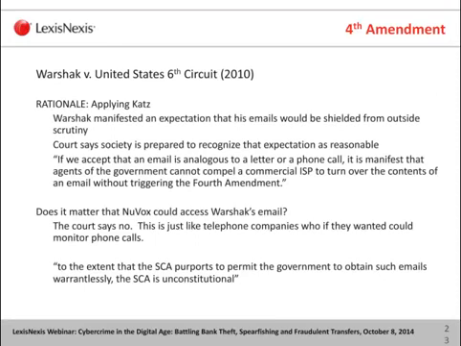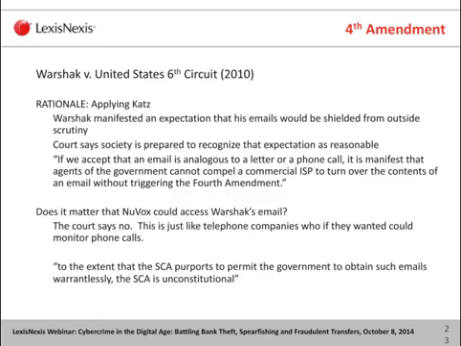However, the takeaway here, at least for those in the Sixth Circuit, Michigan, Ohio, Kentucky, and maybe Tennessee, I'm not sure, is that you need a warrant to access someone's email, okay? The court goes on to say you can't get this information just based on a subpoena, regardless of what the Stored Communications Act says. You have to have a warrant and probable cause.